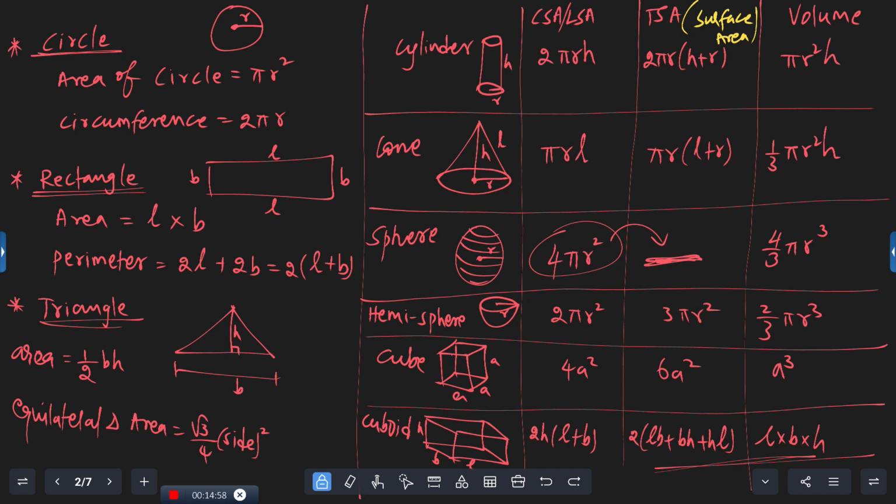See here, cylinder and all are right circular cylinder, and cone also is right circular cone.